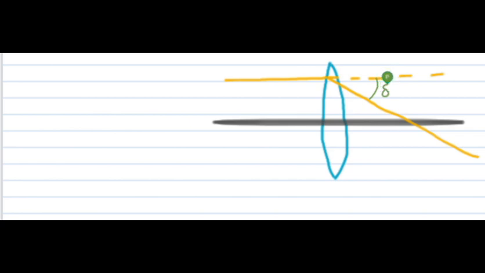So this is the degree of convergence. Now, consider this distance. The light is incident at this distance from the optical center. Let this distance be represented by h. And the light falls on the principal axis at this point, which is your F. So this length is your focal length.